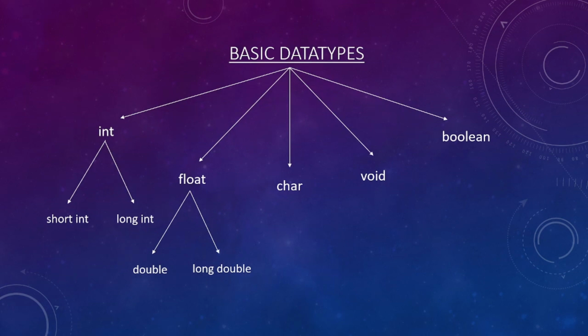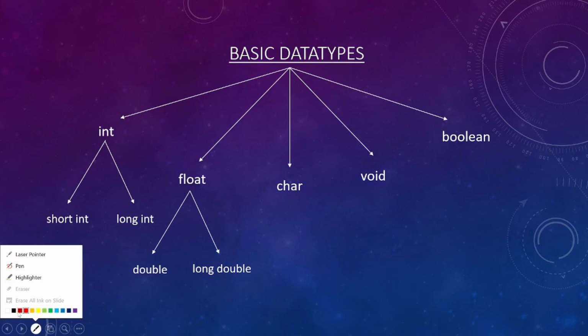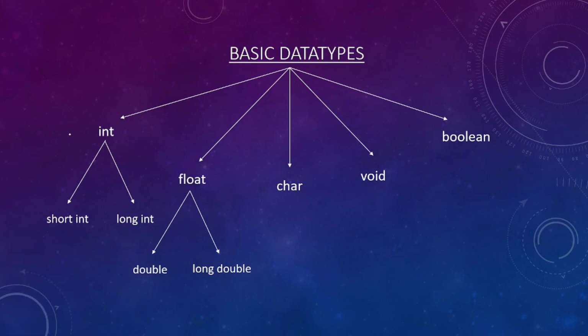Whenever you come to the integer data type, no matter the number of variables you declare, it will always allocate 2 bytes for every variable. Suppose you have a very large number, but the int data type allocates only 2 bytes. So what do you do in such cases?